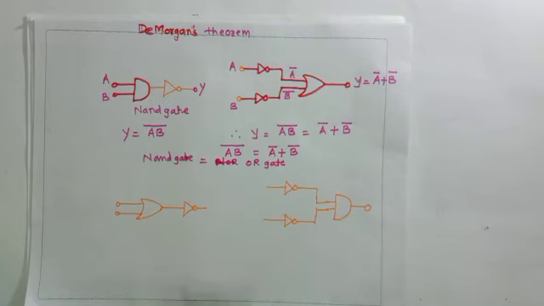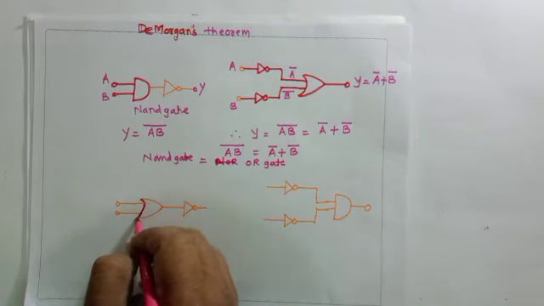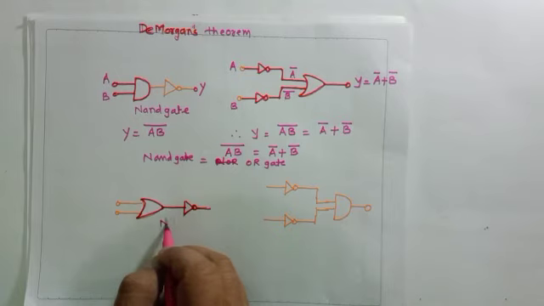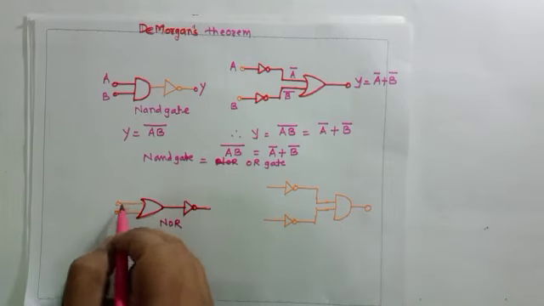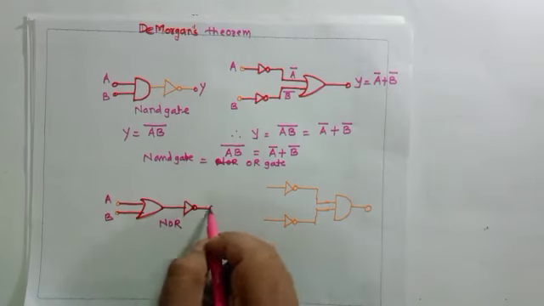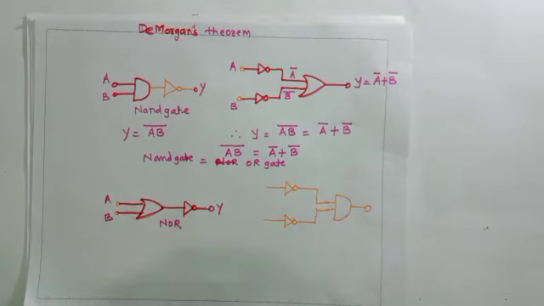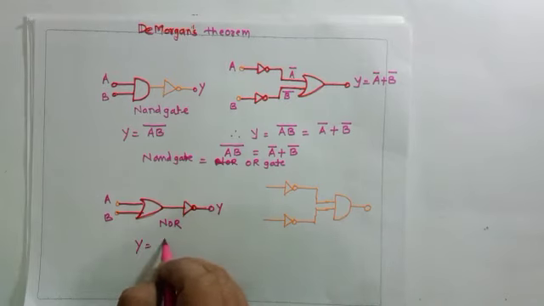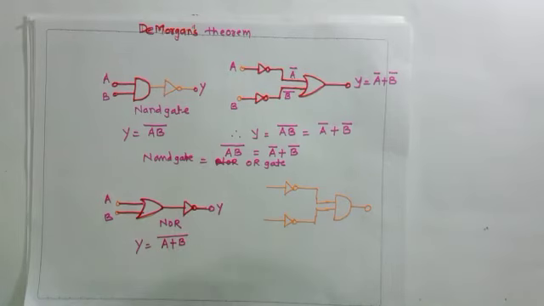Whereas here an OR gate is connected to a NOT gate, which represents a NOR gate, which has two inputs A and B and one output Y. So here Y represents the complement of A or B.